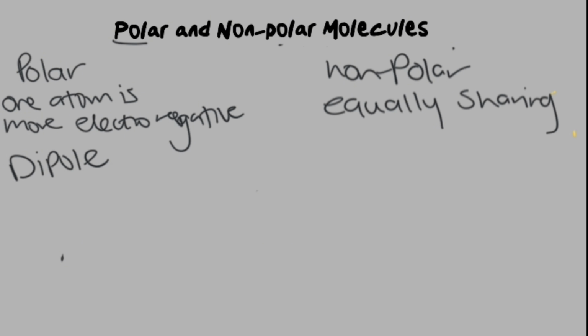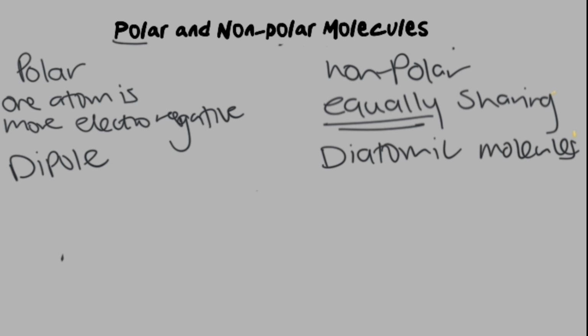So examples where there would be equal sharing are my diatomic molecules, right? Because that would have an equal number of electrons surrounding that particular molecule. Even if I were to look at H2, these bonding pairs are shared equally.